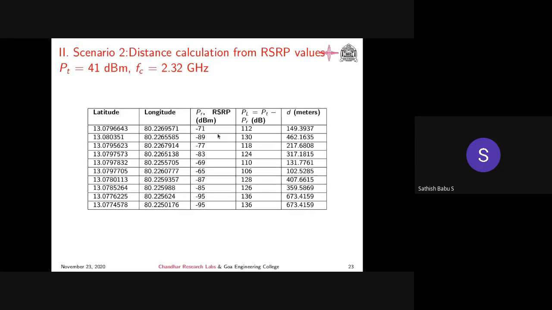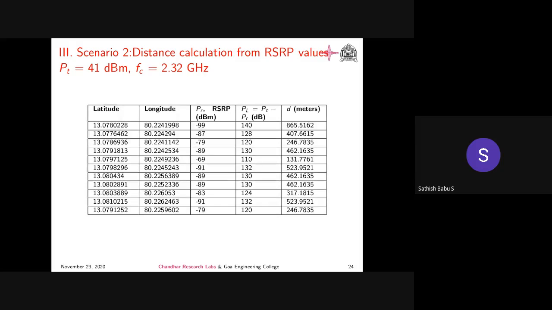This might be a reading I took directly with the LOS signal, straight to the tower, maybe upstairs or outdoors. Here, for this path loss value, the distance between my base station and my mobile phone is in the range of 150 meters.